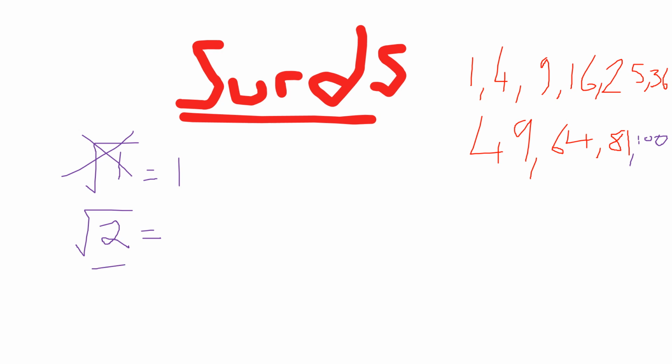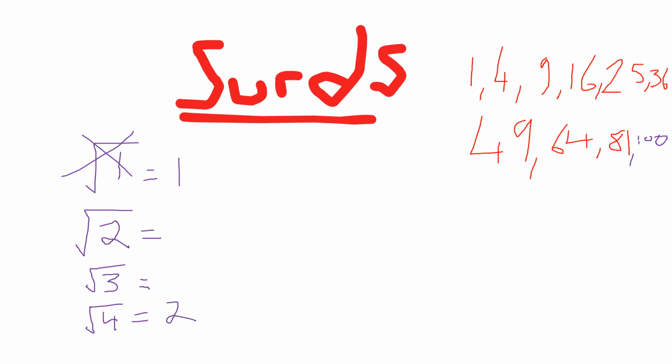Root 3 is a surd, because again, 3 is not a square number. Root 4 is not a surd. Hopefully you're happy with that, root 4 is equal to 2.